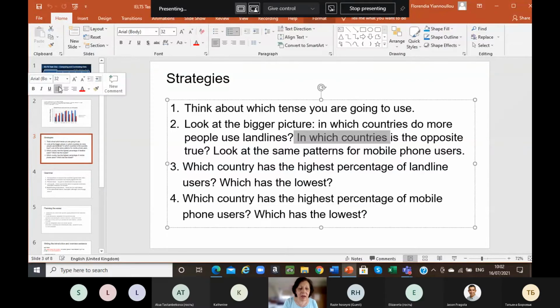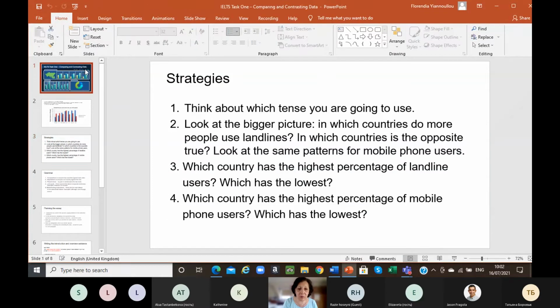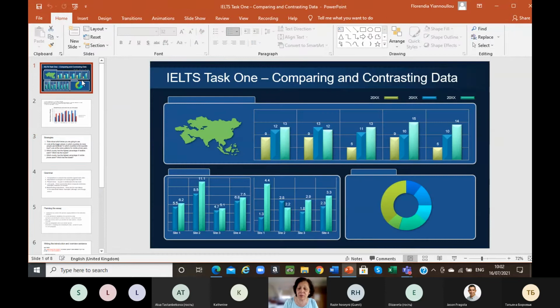Okay, when we look at task 1 essays, I'm going to look at one specific example. You are comparing and contrasting data. And the point of this exercise is that afterwards, when you go to university or in your A levels, you will be expected in some subjects, for example, in economics, to compare and contrast data.